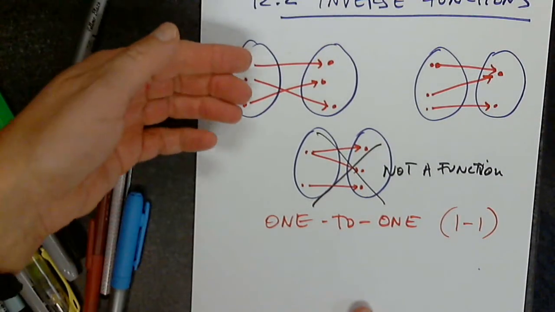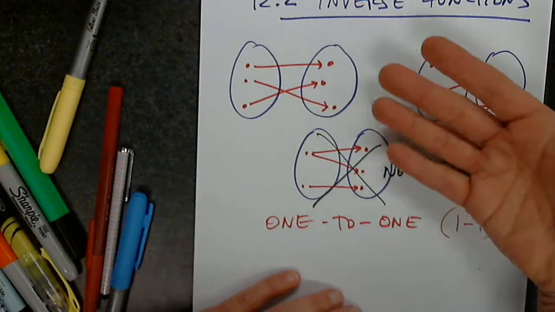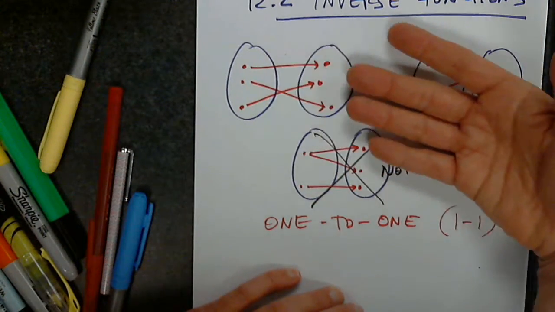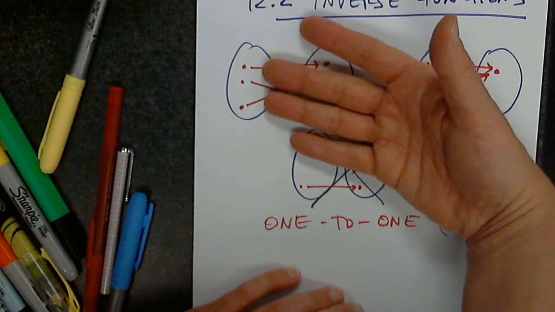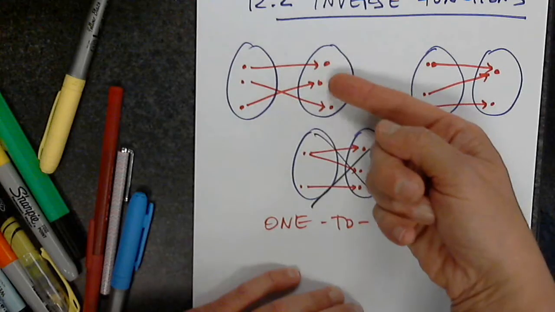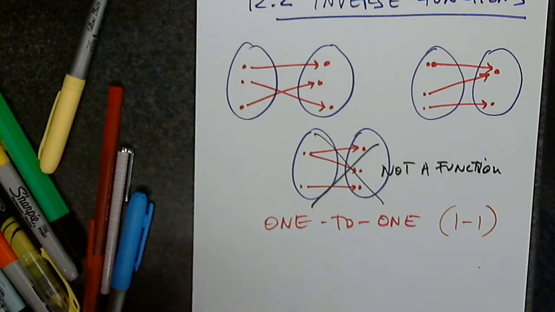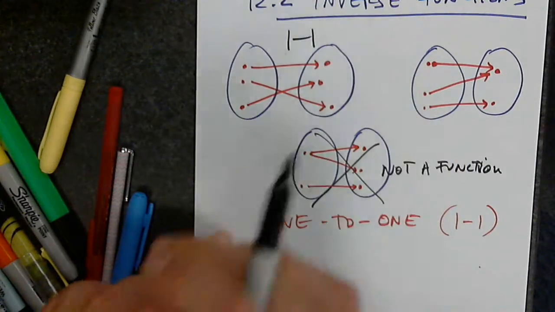So this is a function. Each x corresponds to one y. But also when we go back, each y corresponds to only one x. To this y, only one x. To this y, only one x. To this y, only one x. This function has the property 1-to-1.